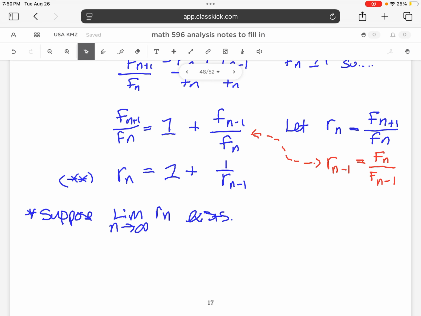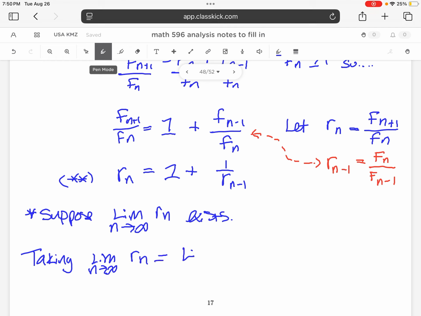Supposing that that limit exists, then we can take the limit as n goes to infinity on either side and get this. Okay. Well, as long as that limit exists, we should be able to call it a name.